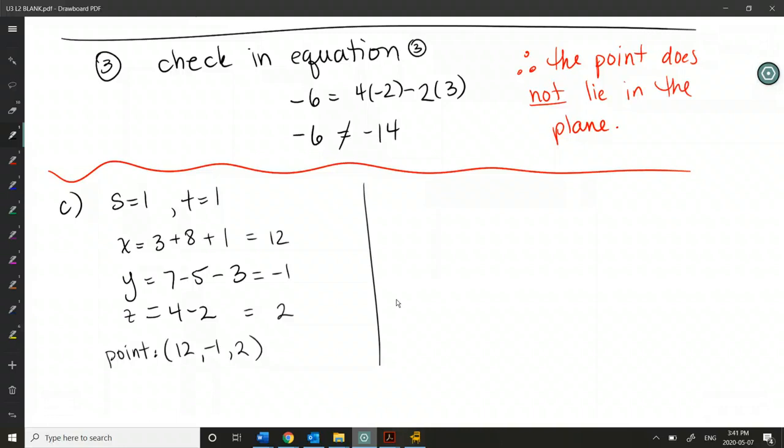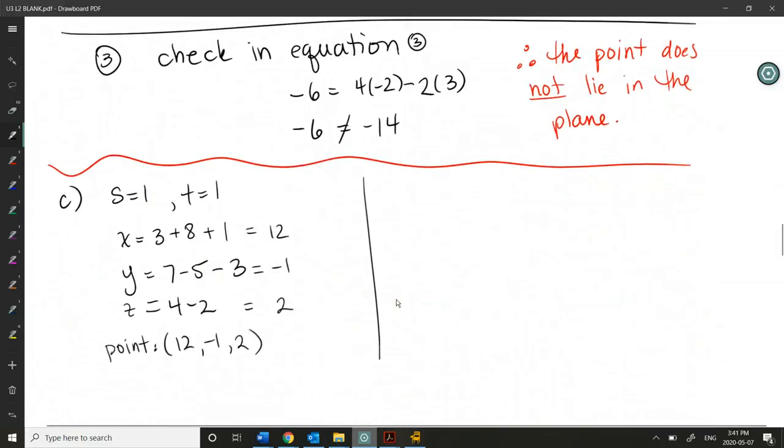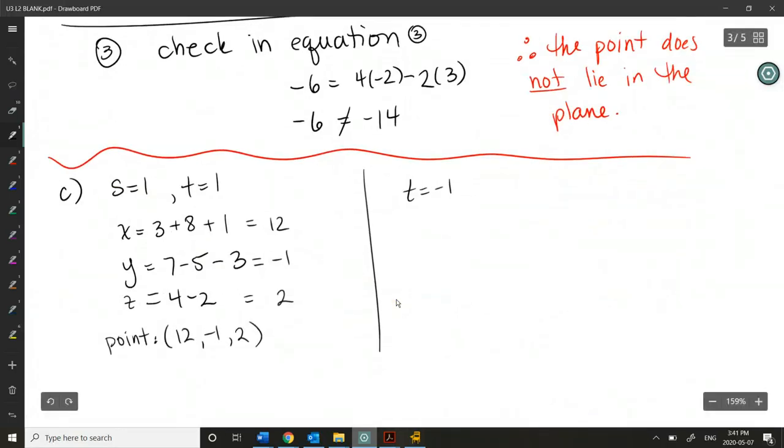Okay, and then you can choose any other s and t that you want. Let's say we choose, I don't know, maybe we'll go t as negative 1 and s as 2. And then we're going to plug that again into our parametric equations and simplify.